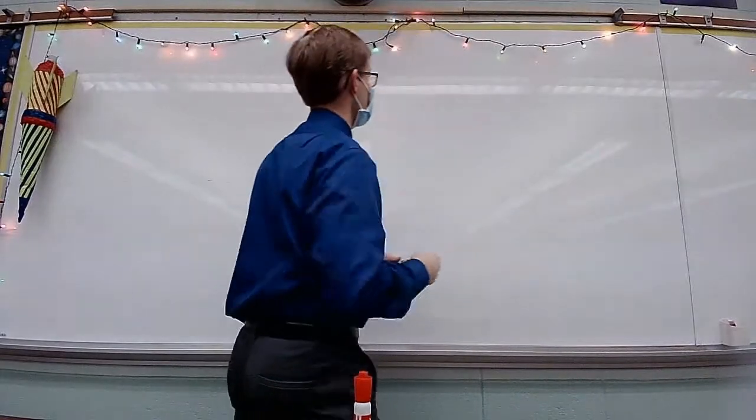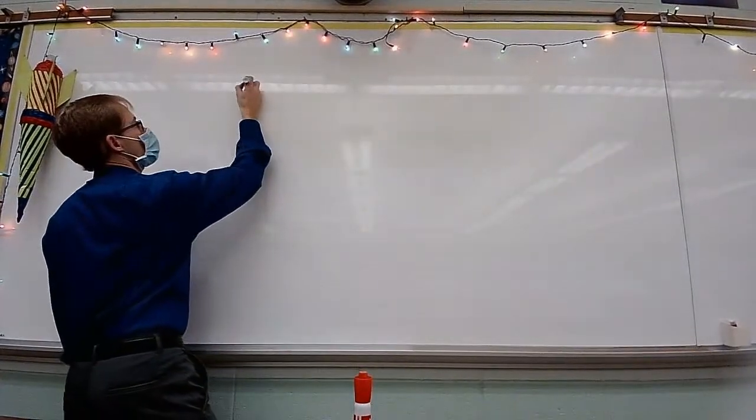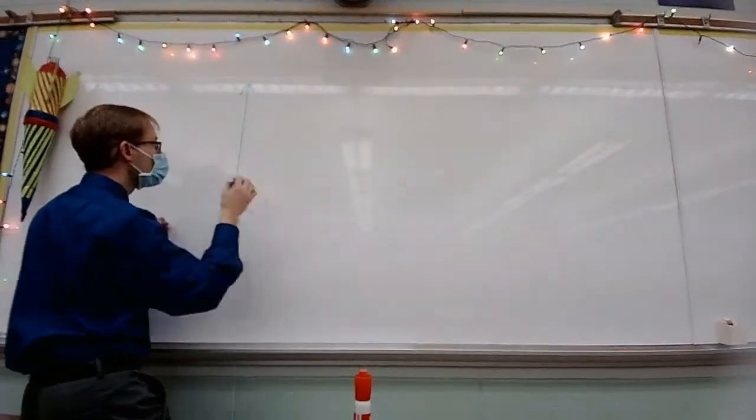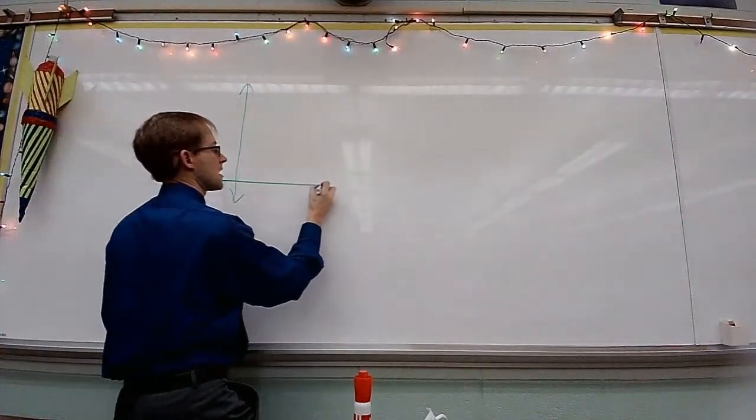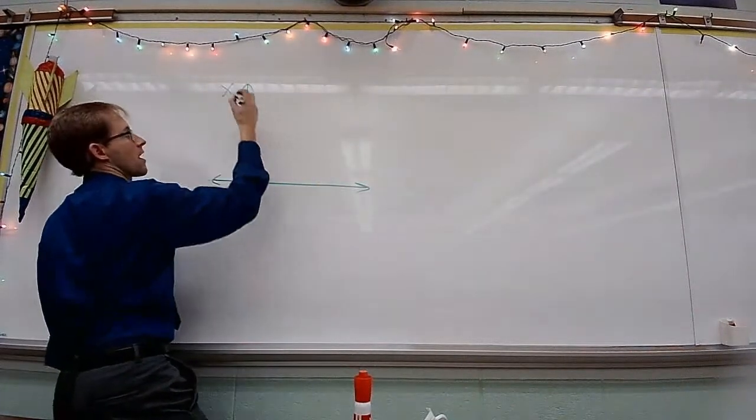One more just to make sure we got this all wrapped up. The back side of the worksheet. You have to convert from a position time graph to a velocity time graph.